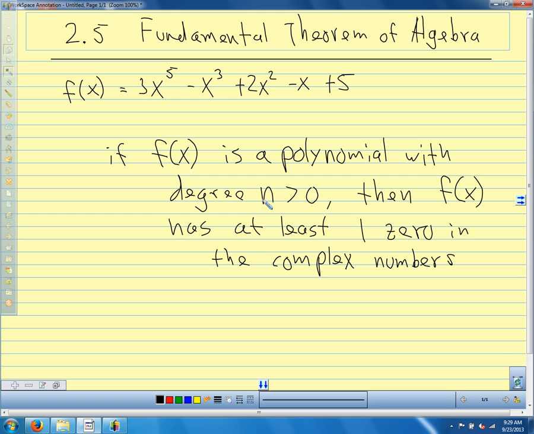So we just said we have an idea this polynomial has 5 zeros. Why would the fundamental theorem of algebra tell us we have at least 1? What can happen with zeros? If we factor a polynomial, what can happen with the zeros?